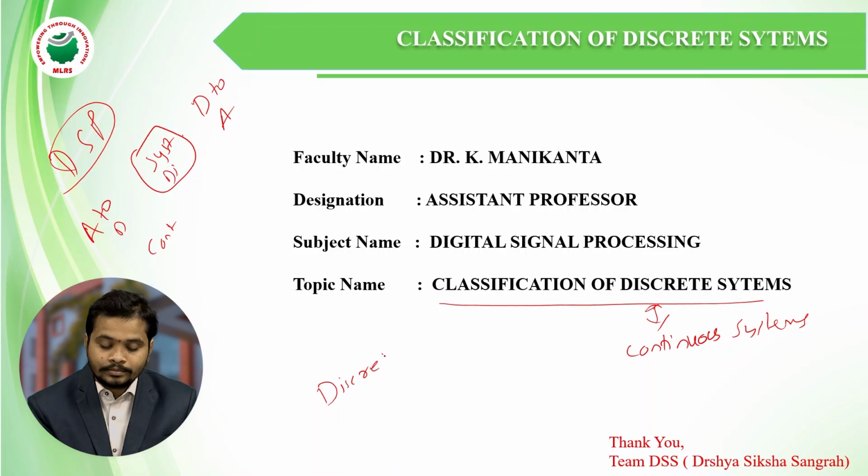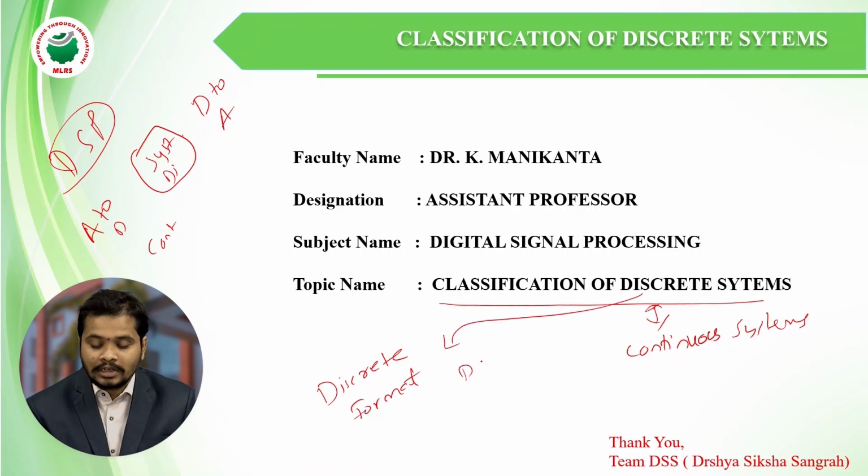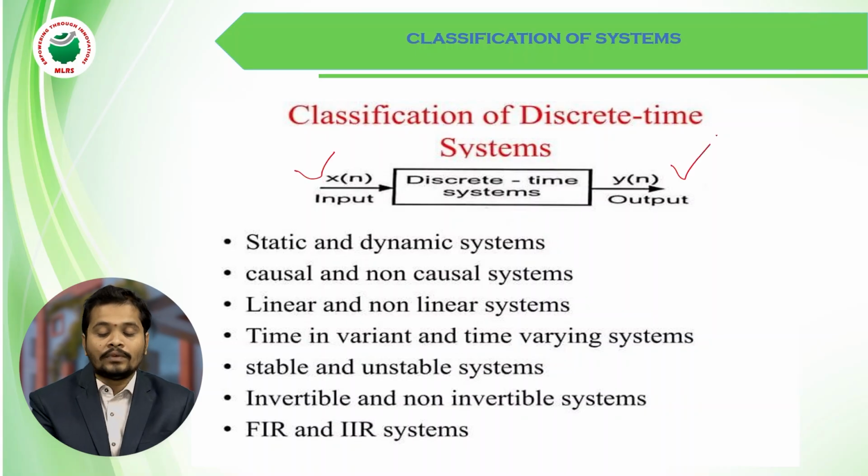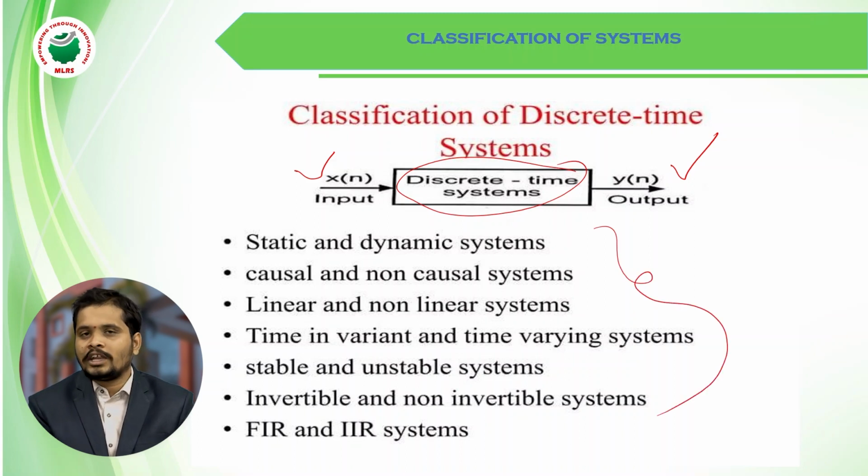In DSP, digital signal processing, we will use discrete systems. Coming to the classification of discrete time systems, depending upon the type of input and type of output, they are broadly categorized into many types. We will discuss some of the main discrete time systems.